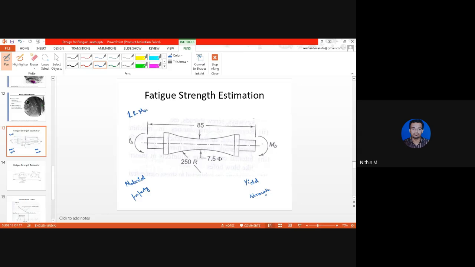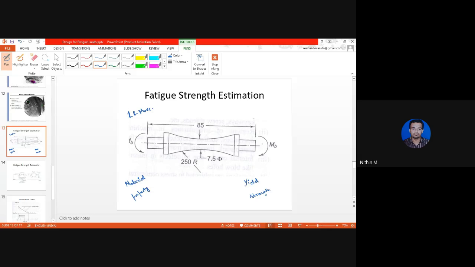He devised a technique to determine the fatigue strength of the material. The testing equipment that we made use of is called the R.R. Moore fatigue testing machine. You have already studied this in third semester, in your material testing laboratory, where we determined something called the endurance limit of the material.